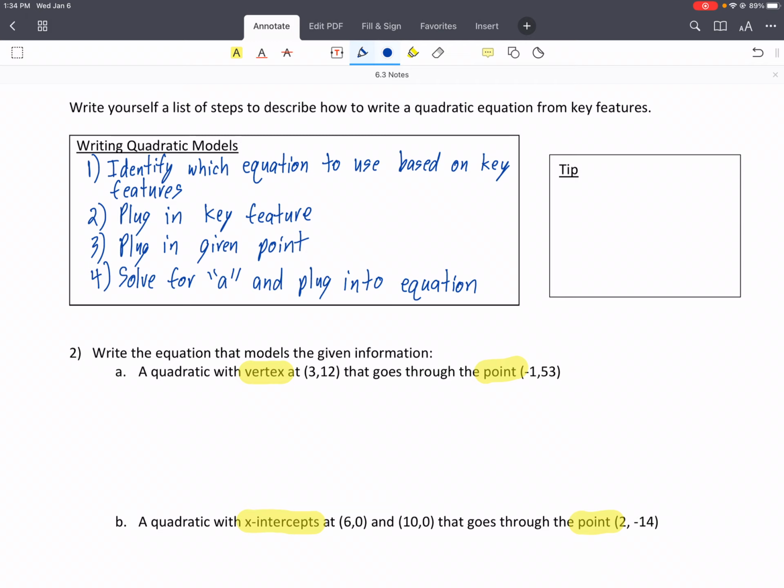Then we plug in whatever key feature it is, plug in the point, solve for our A, and then plug it into the equation. Some tips here, it might be helpful to label our key features, as well as our x and y.